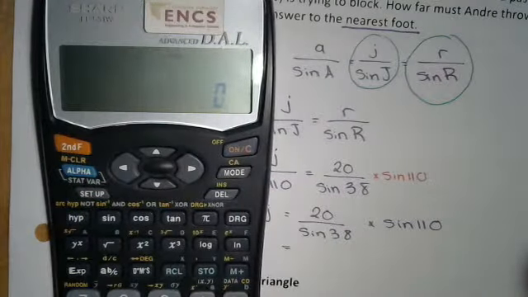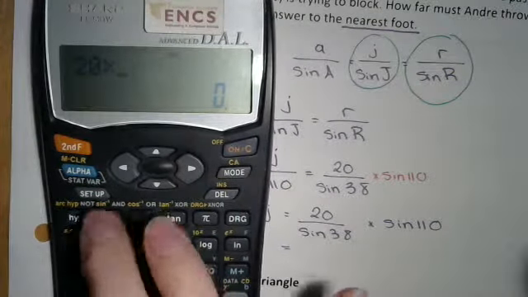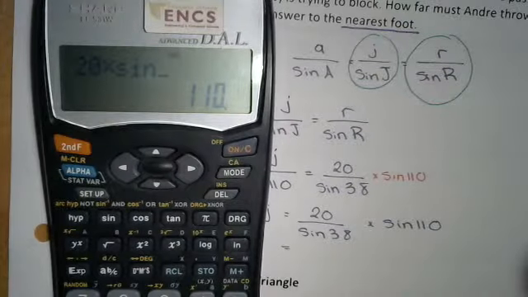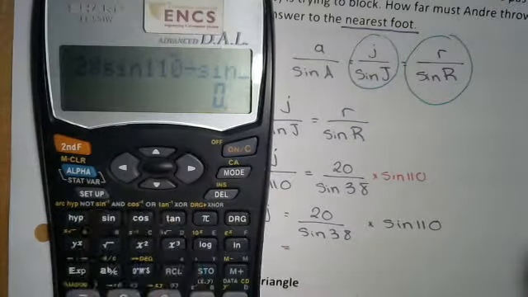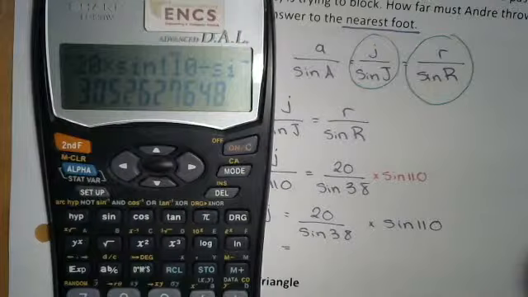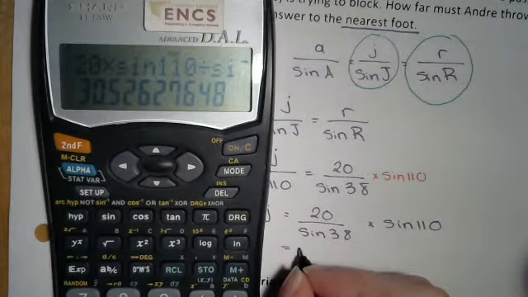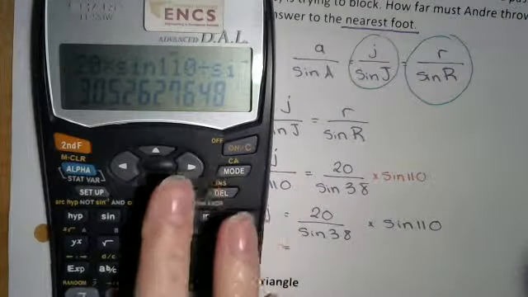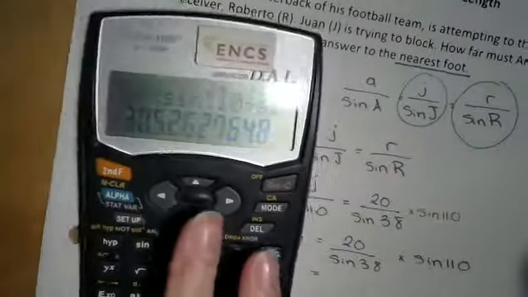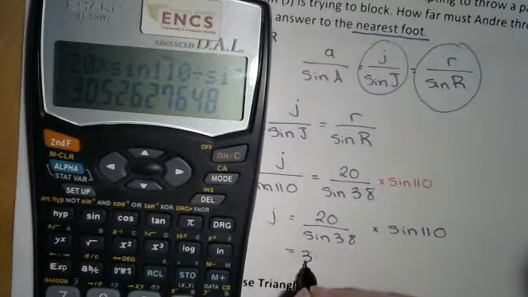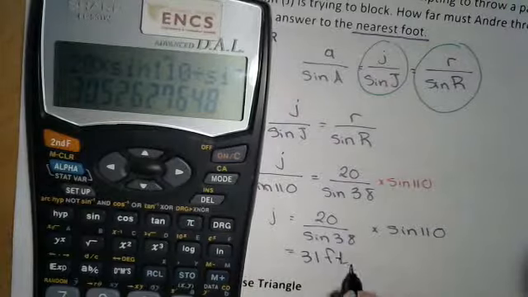Calculate 20 multiplied by sine of 110, all divided by sine of 38, equals 30. And remember, I think we were looking for the nearest foot. So we're going to round that up to 31 feet.